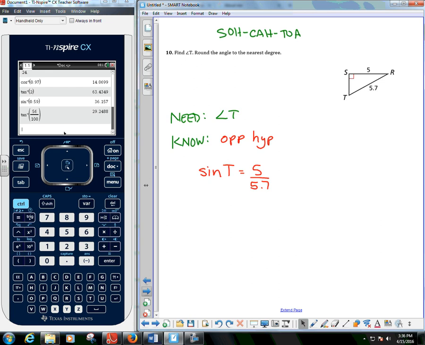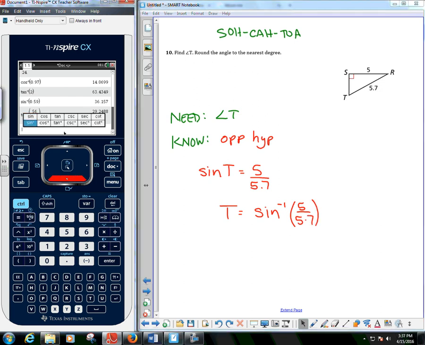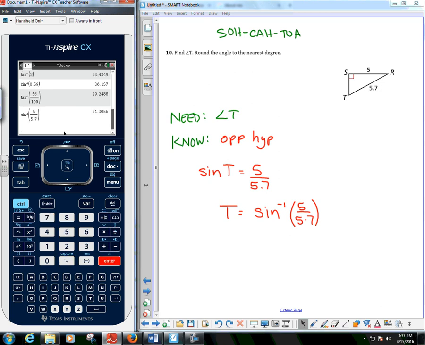Whenever I'm looking for an angle, I use the inverse function. So T is equal to sine inverse of 5 divided by 5.7. I go to my calculator, trig function, toggle down to sine inverse, and 5 divided by 5.7 gives me 61 degrees. The measure of angle T is approximately 61 degrees.